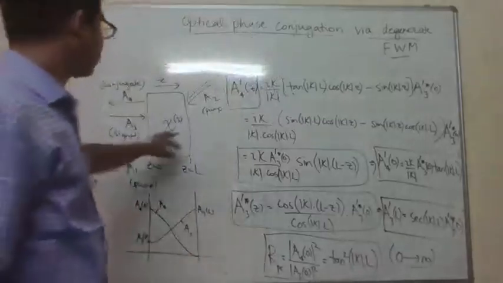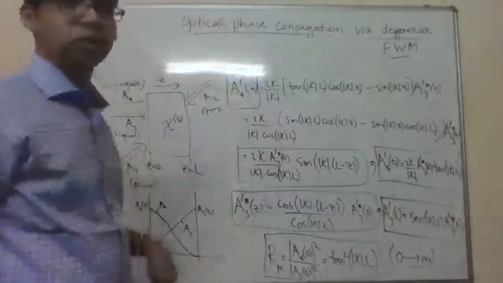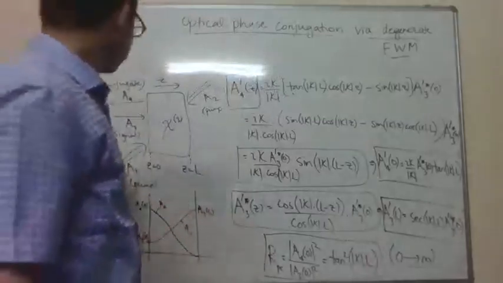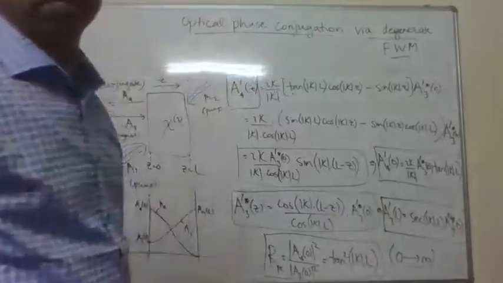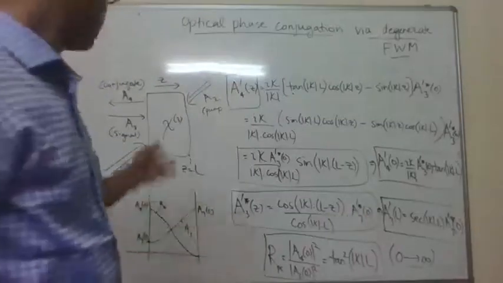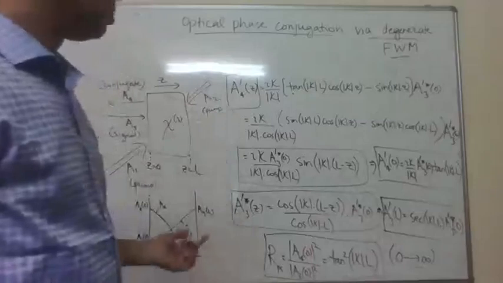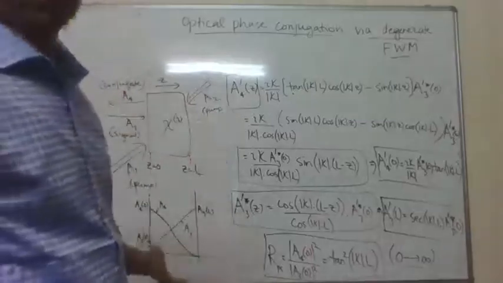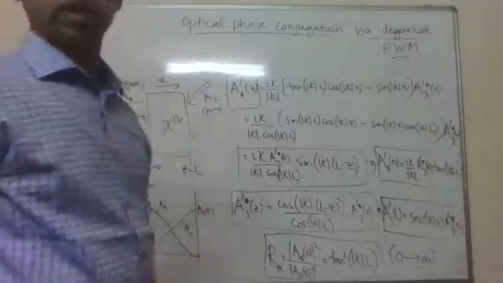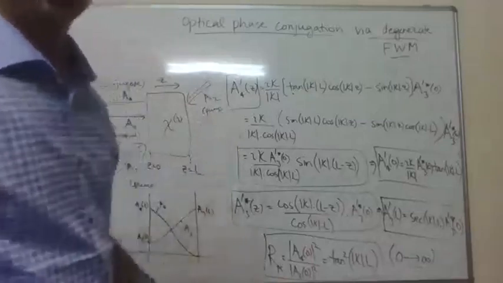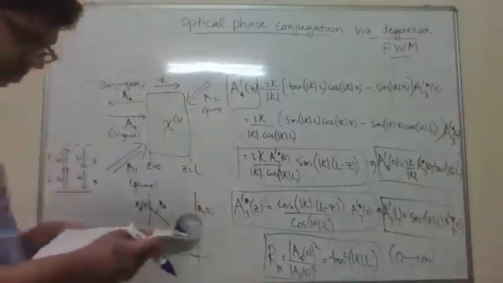The energy transferred from the pumps to the signal or conjugate is low enough that we can assume the energy in the pumps remains the same. But once you start transferring enough energy that you deplete the pumps, we have to take other terms into account, and then our theory doesn't hold any longer. That's where the catch is.